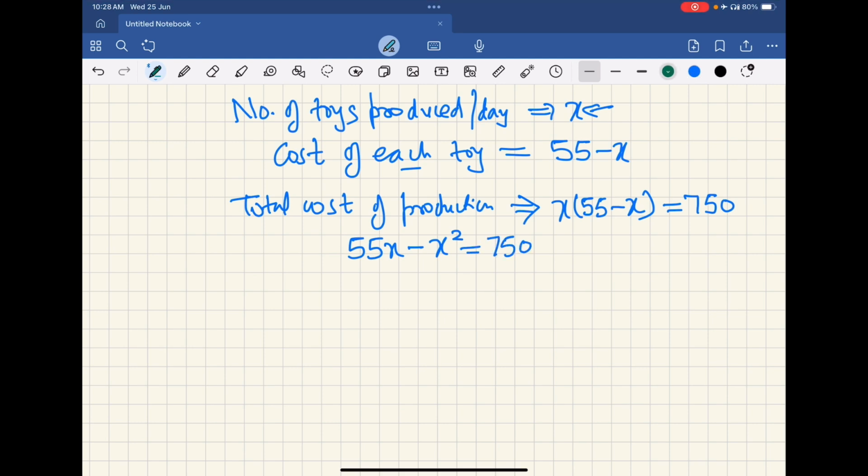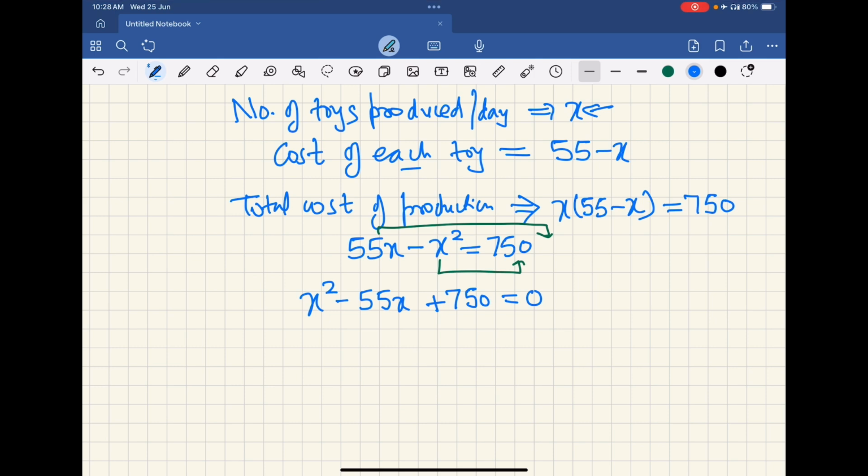Let us change the side, because we want x square to be positive. So now you will get x square minus 55x plus 750 equals 0. This is our quadratic equation.